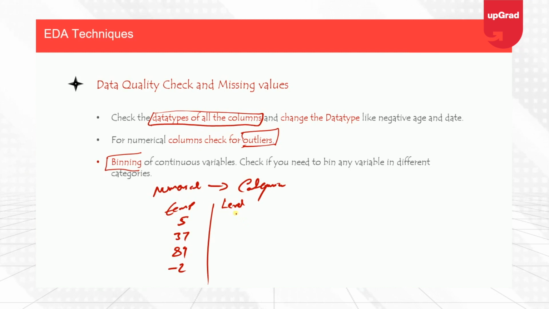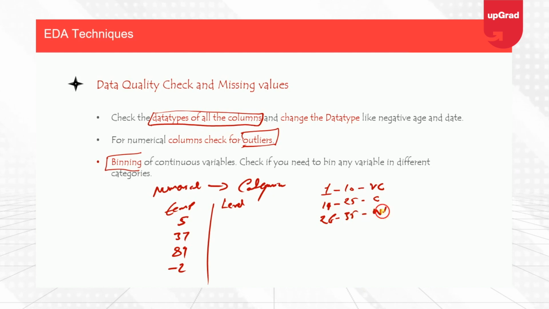and let us say the temperature range between 1 and 10 is very cold. The temperature range between 10 and 25 is, let's say, just cold. And the temperature from 26 to, let's say, 35, we would say, let's say, warm.